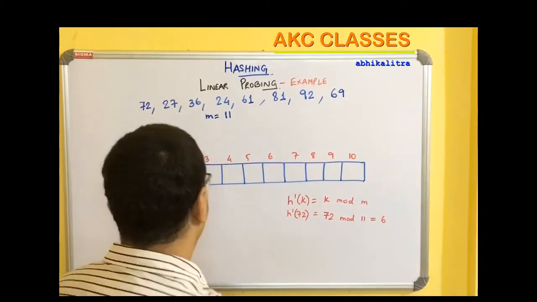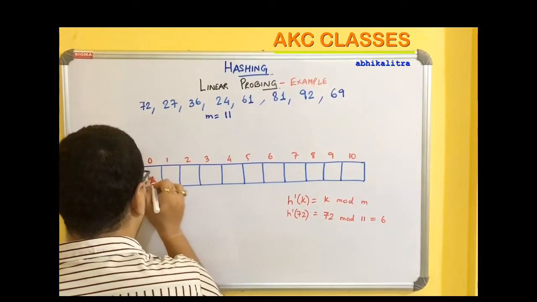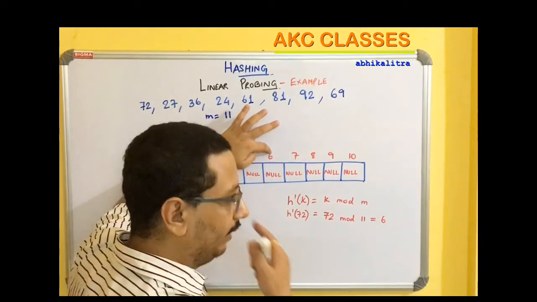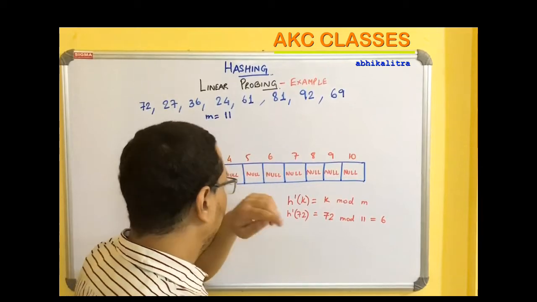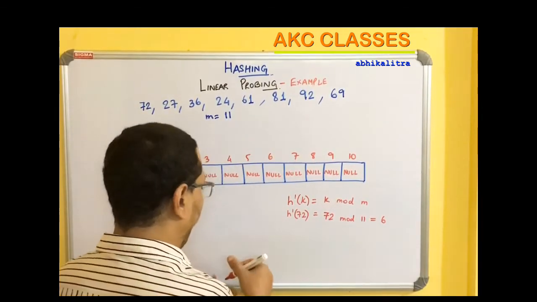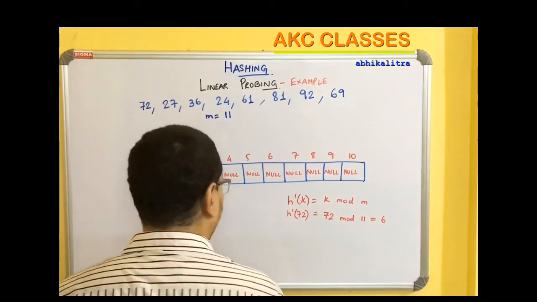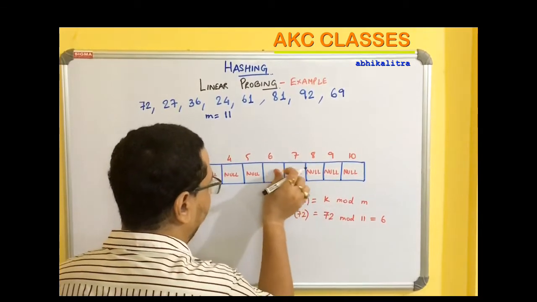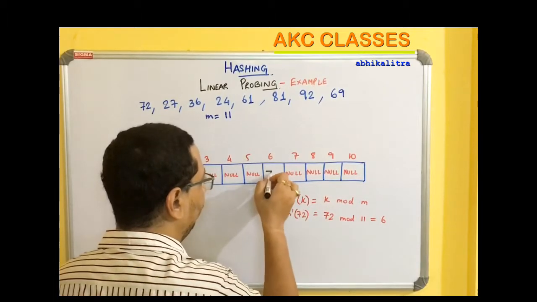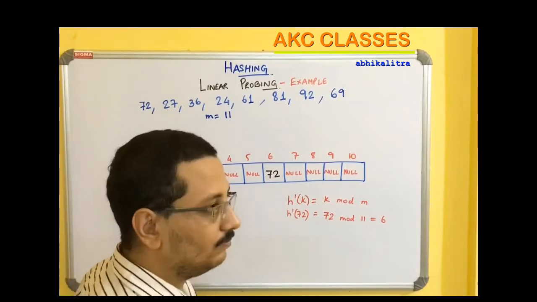We have to initialize the table with null. So when it has generated the value 6, we go to the 6th location and check the sentinel value. If it is a sentinel value, then that location is empty, and we put the key 72 into the 6th hash location.